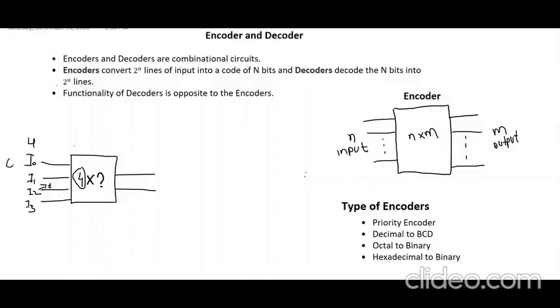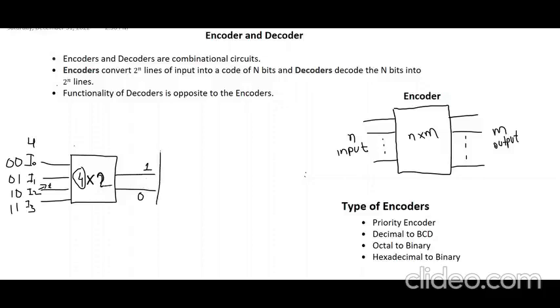So I0 can be expressed as 00, I1 as 01, I2 as 10, and I3 as 11. If I2 is high at a time, we can write the output as 1 and 0. So now we have figured out the output is 2. So 4 to 2.